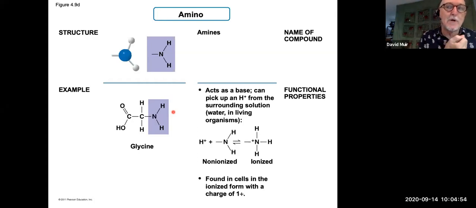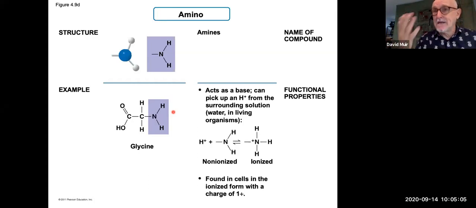If I'm binding up a proton, I'm actually raising the pH of the solution, because I'm removing protons. Remember that if we add protons to a solution, we increase the acidity. If I remove protons, I'm going to increase the alkalinity, the basic nature of the solution. So this is actually acting as a base, and a very important one in biological systems.